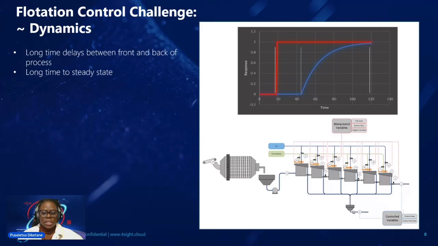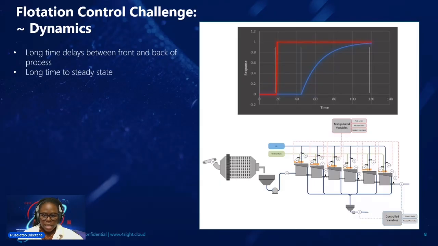Furthermore, the flotation cells are highly interactive in nature since they are operated in series. So any changes in one of your cells within your flotation train will affect the operating parameters of all of the other flotation cells downstream from where you implemented the change.